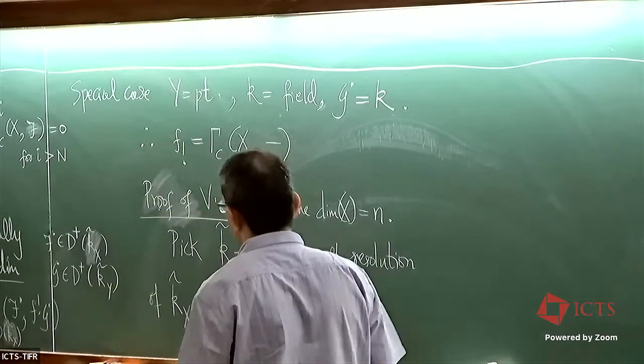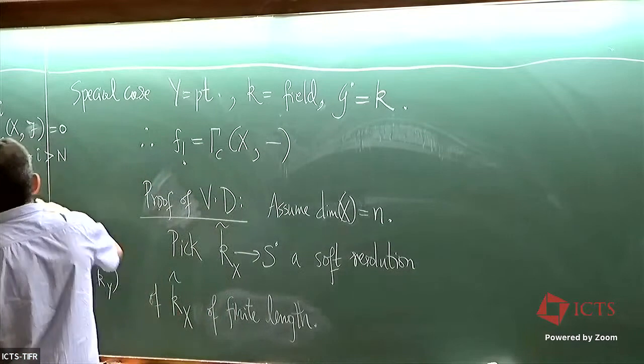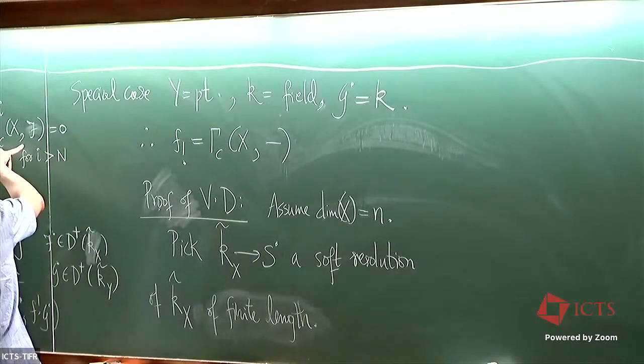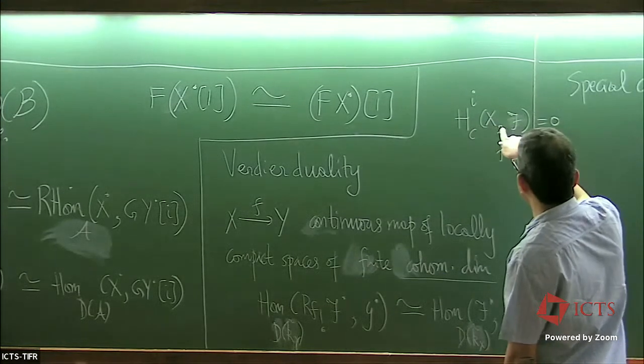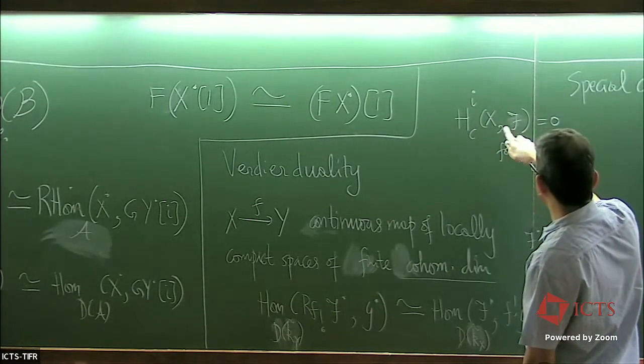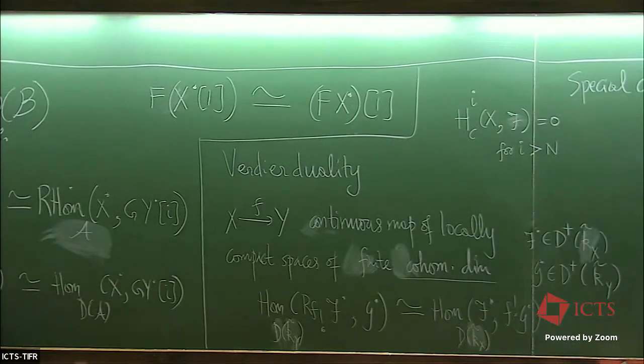Let's play it safe. But in fact, one can show that the length is bounded by the dimension. That's because looking at H^i_X(F^•) or H^i(U, F^•), vanishing of H^i(U, F^•) for every open set U will in fact imply that F is soft. So F is soft if and only if these functors vanish for every U.